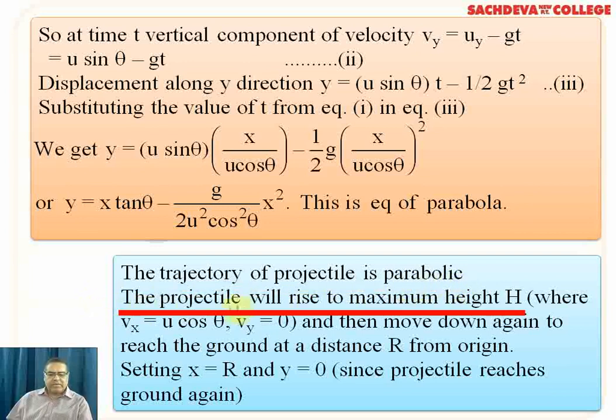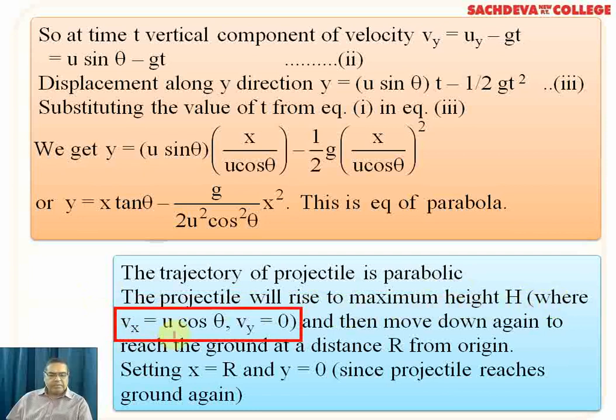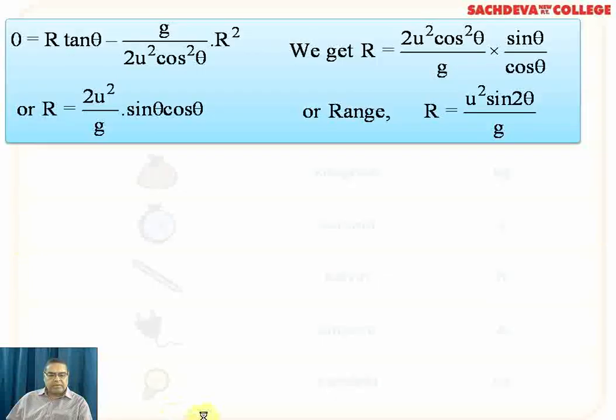The projectile will rise to the maximum height, where Vx will be u cos theta and Vy will be 0. That is, at the highest point, the vertical velocity will be 0, but the horizontal component will be u cos theta. And then, moving down again to reach the ground at a distance r from the origin, setting x equal to r and y equal to 0, since the projectile reaches the ground again.